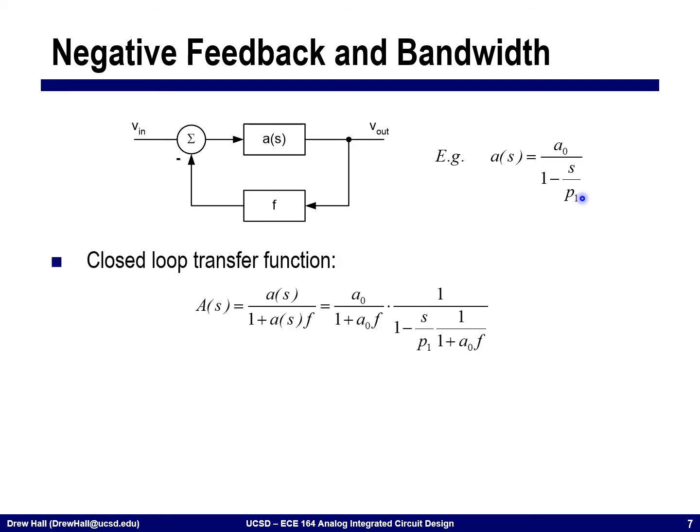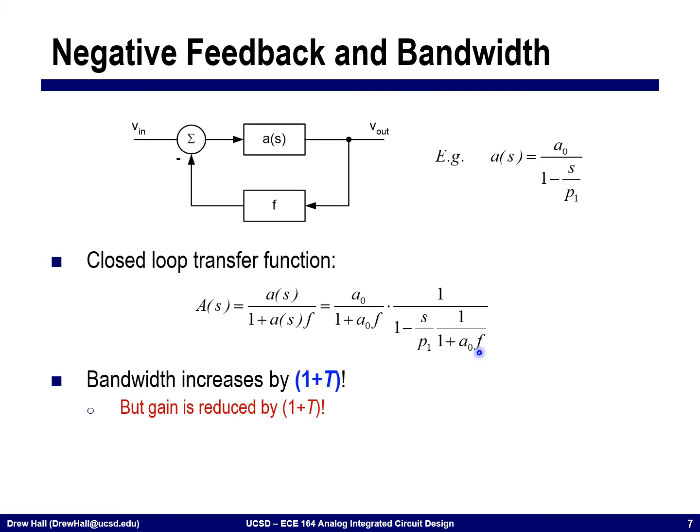Okay. And so now if I write the closed loop transfer function, it's equal to A of s divided by 1 plus A of s times F, which is equal to A naught divided by 1 plus A naught F, the DC closed loop gain, times 1 over 1 minus s over p1 times 1 plus T. Effectively what this is showing us is that we have our closed loop gain, as we've derived several times now, but our pole is moved out by this 1 plus T term.